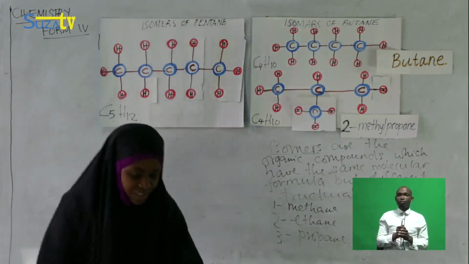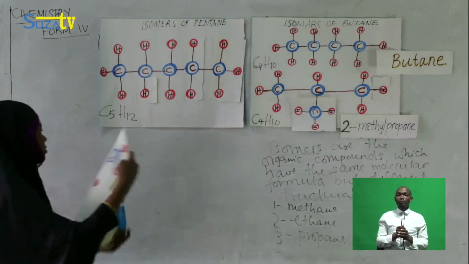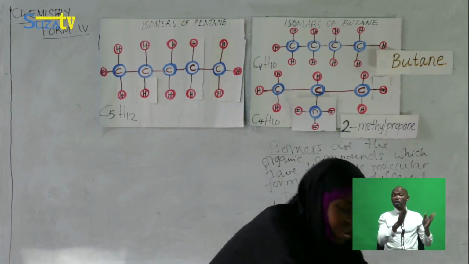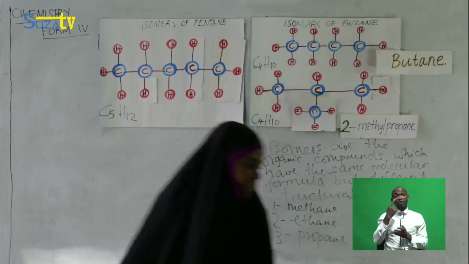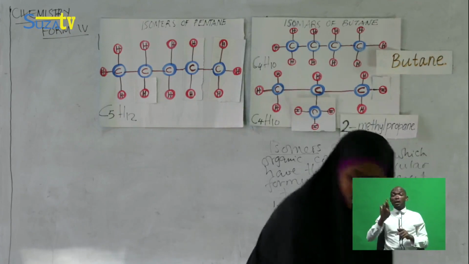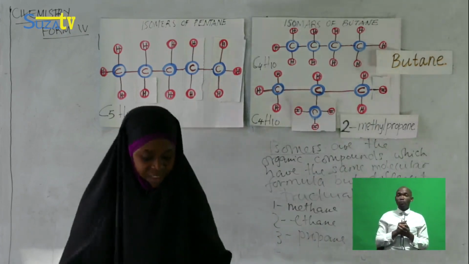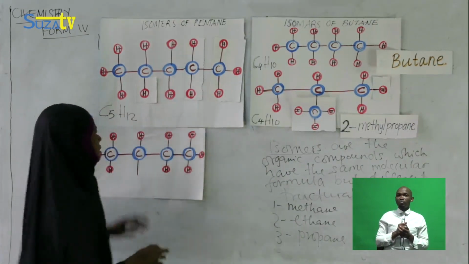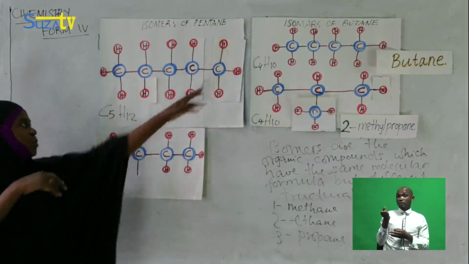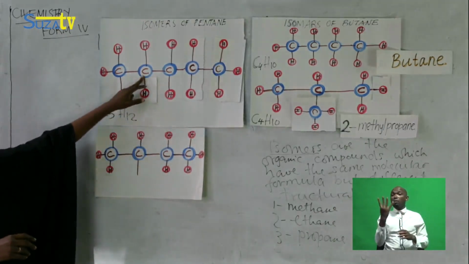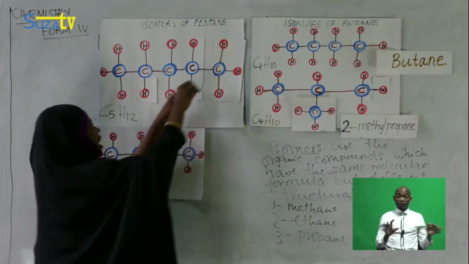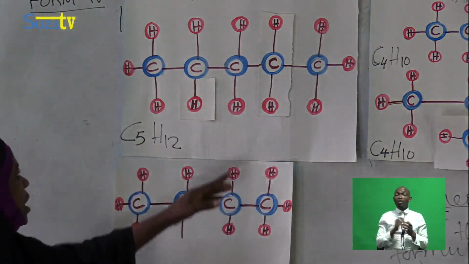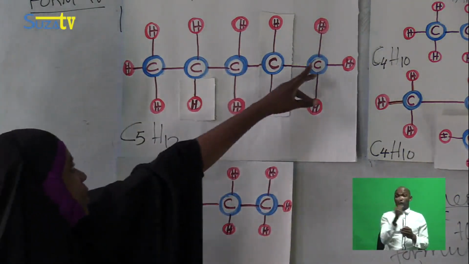Okay, let us do that to see whether we get different structures or not. Let us see if Bakari is right or not. Bakari said we have to detach this group and attach it to carbon number 4. Therefore, I detach it. This will be carbon number 4 from this structure.